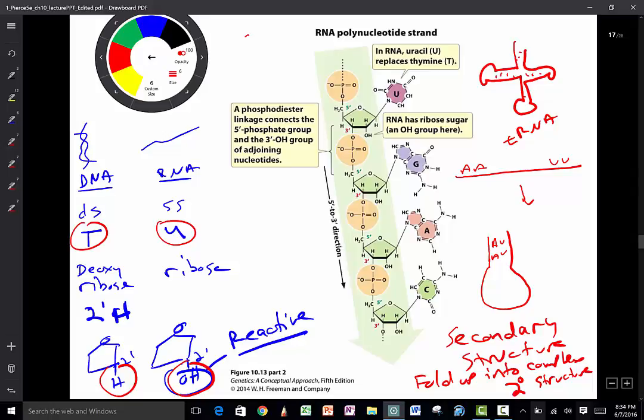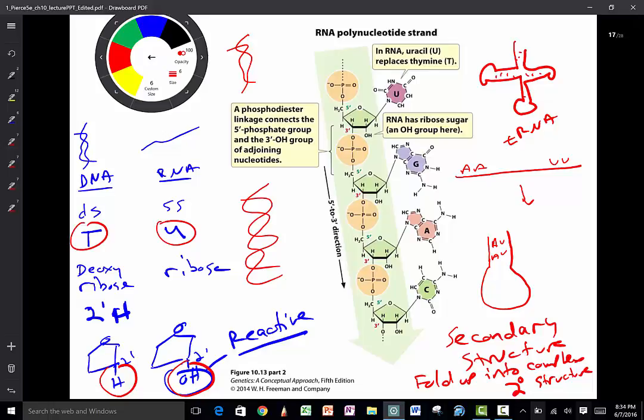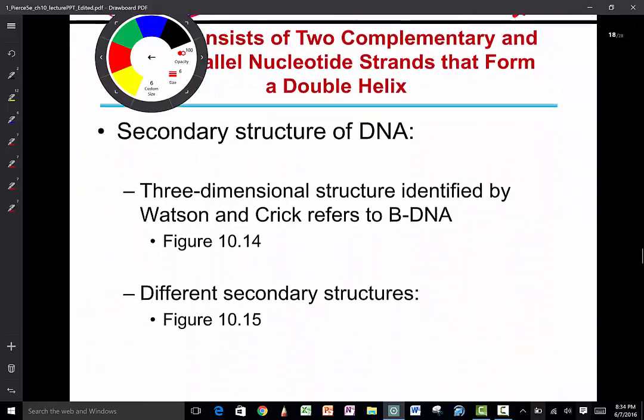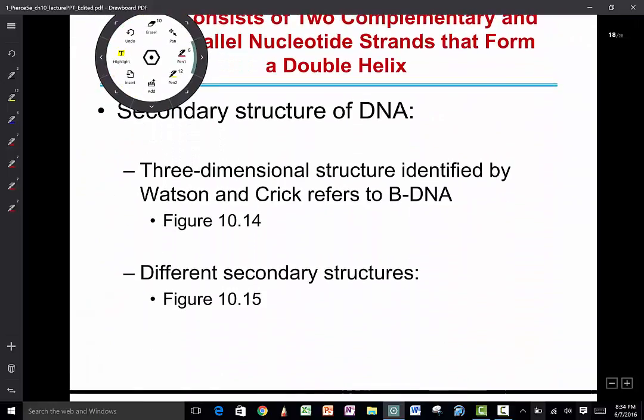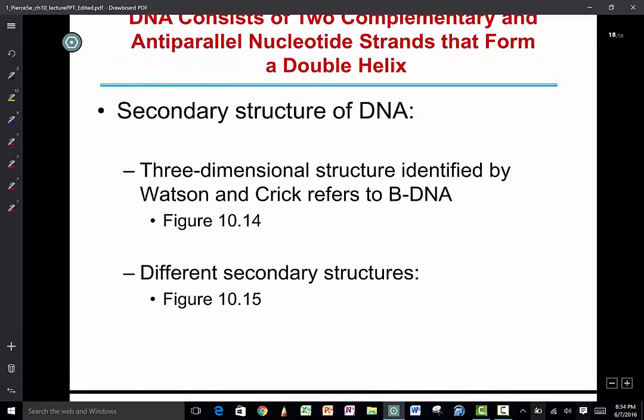But DNA always looks like this. No, well, not like that. Let's try to give it some kind of semblance of a helix. DNA is almost always double-stranded. Now, you can think of secondary structures of DNA, and there's different kinds of DNA.